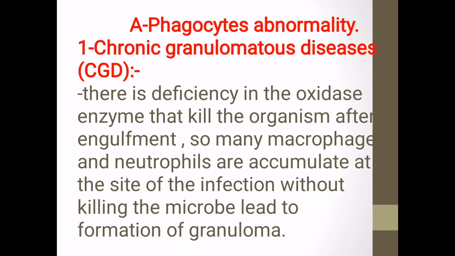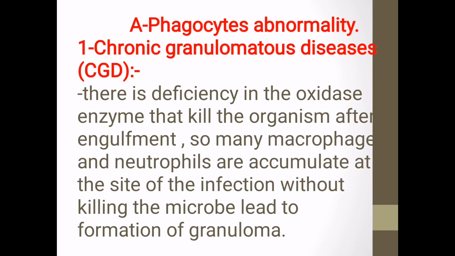when the microbe enters the body, this microbe will be taken by the phagocytic cell, and inside the phagocytic cell there is a lysosome which contains oxidase enzyme. Okay, so in chronic granulomatous disease there is deficiency in oxidase enzyme.